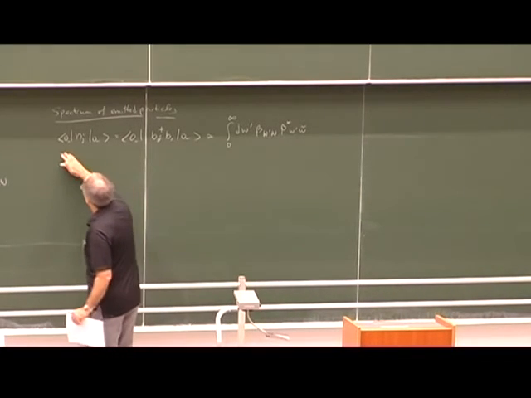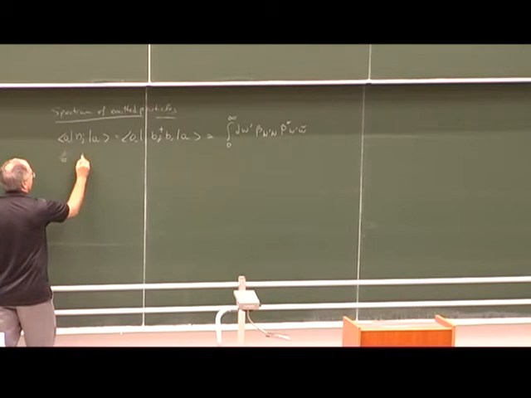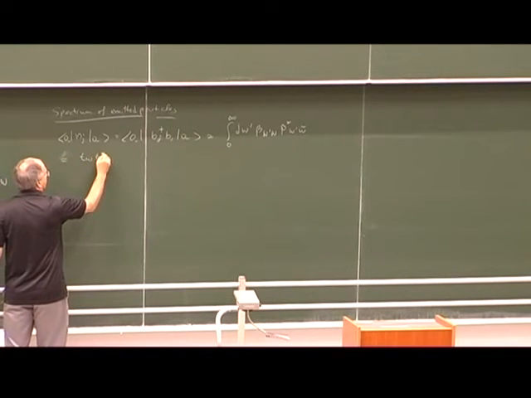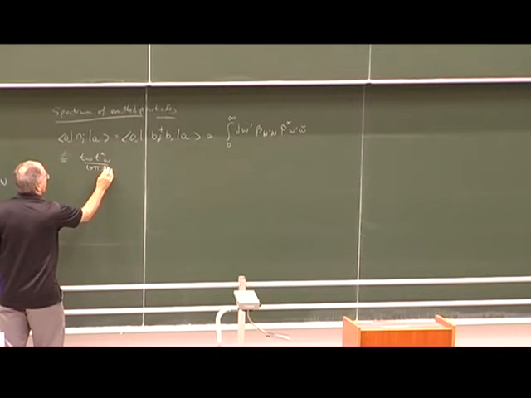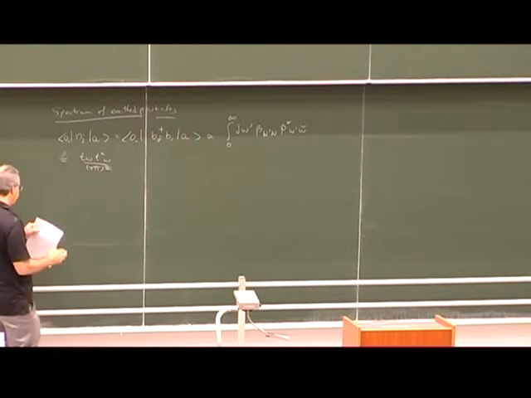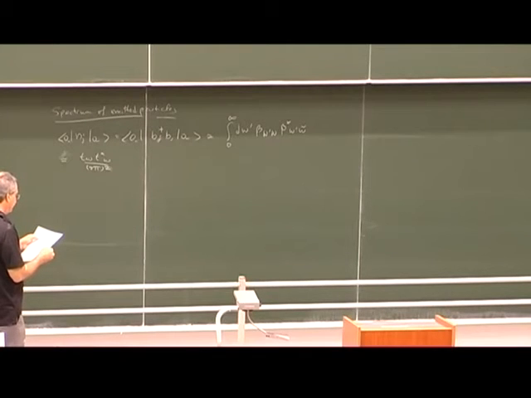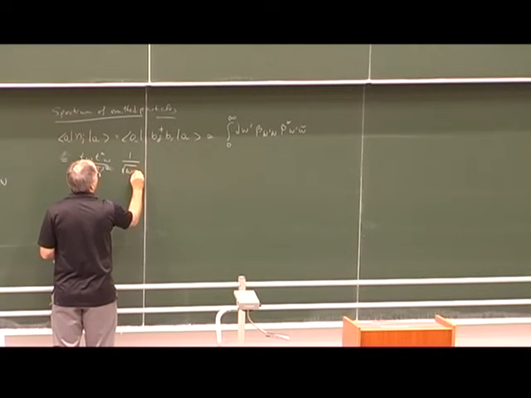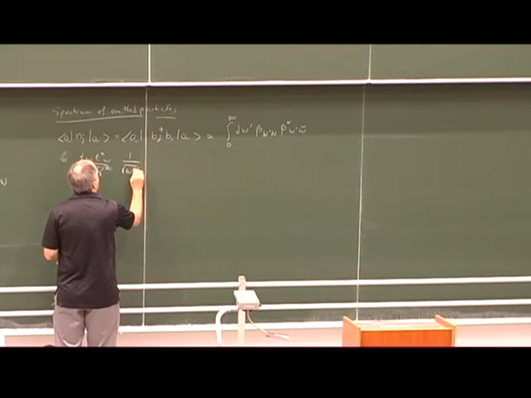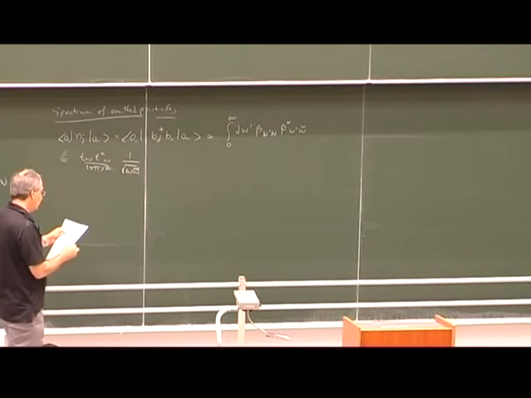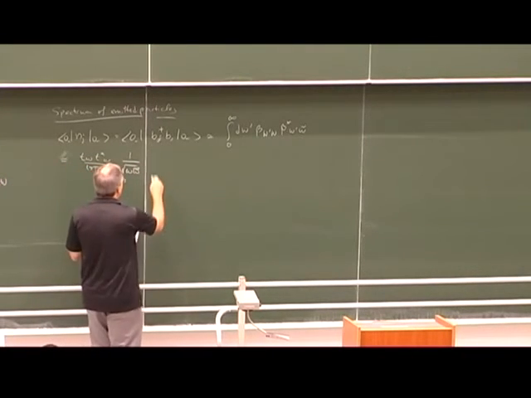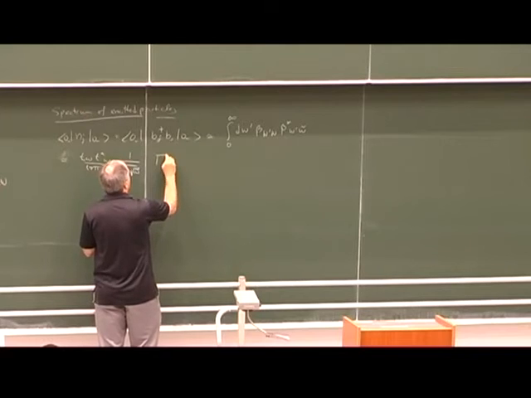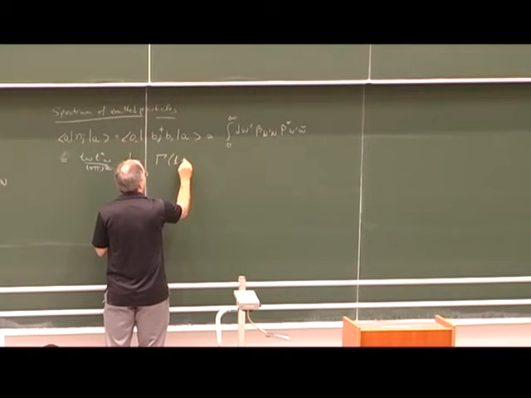So, what is it? These are just factors of normalization that do not depend on omega prime. And then there are the two gammas.